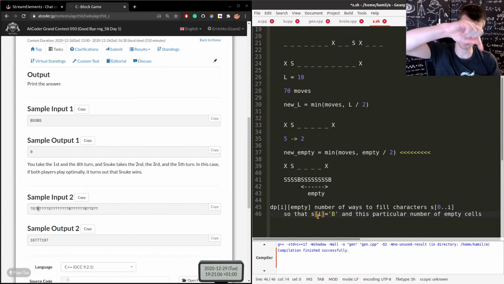From that we can move to any future j. From that we will iterate to j being the next B. And that can be done with some prefix sums maybe.